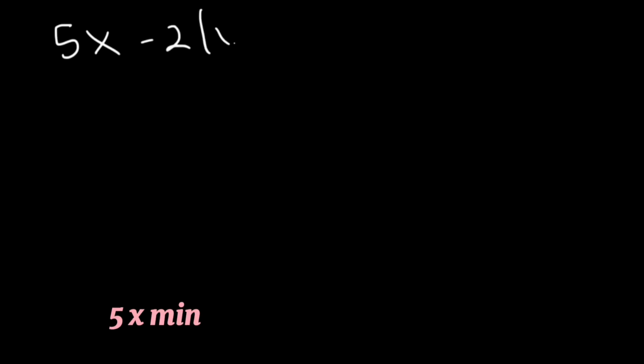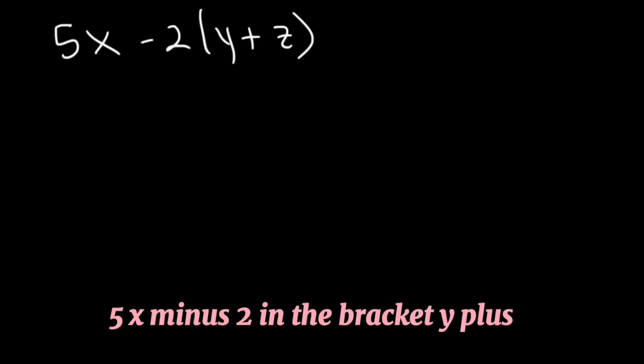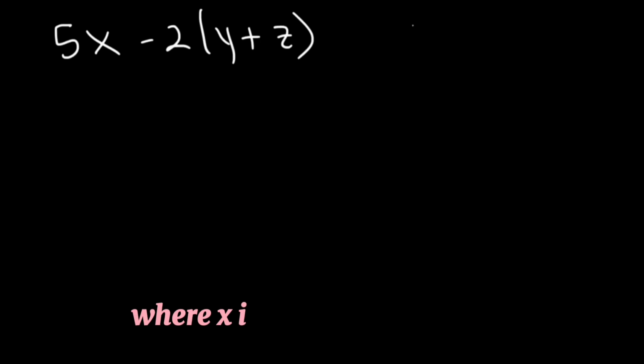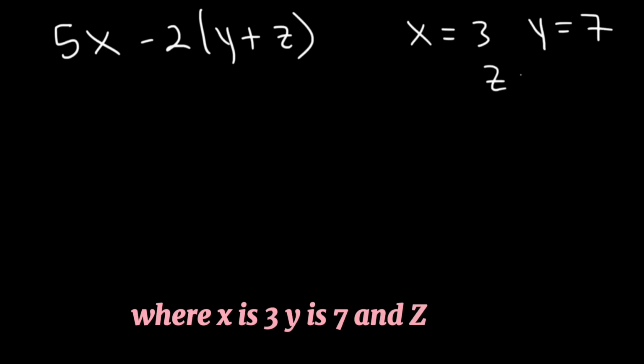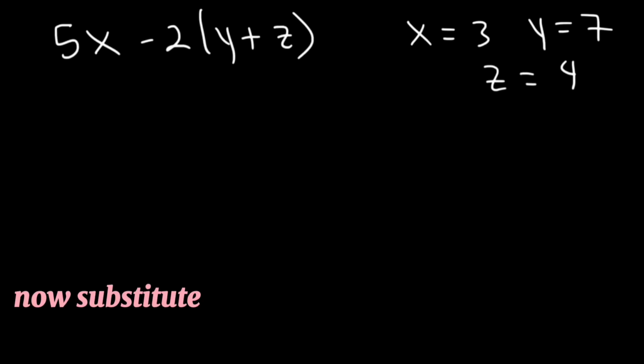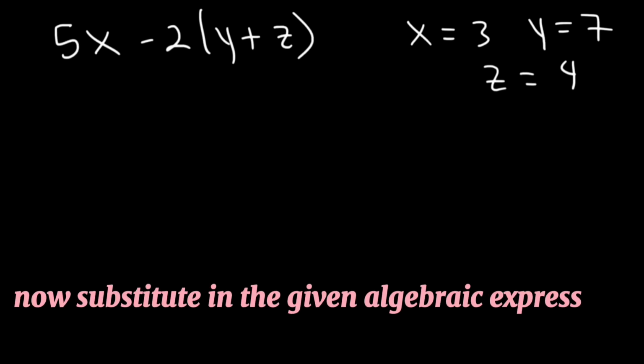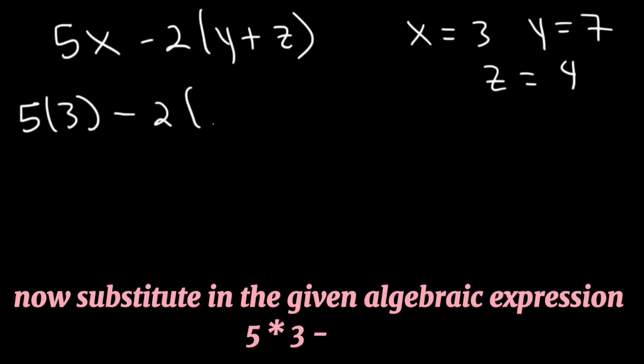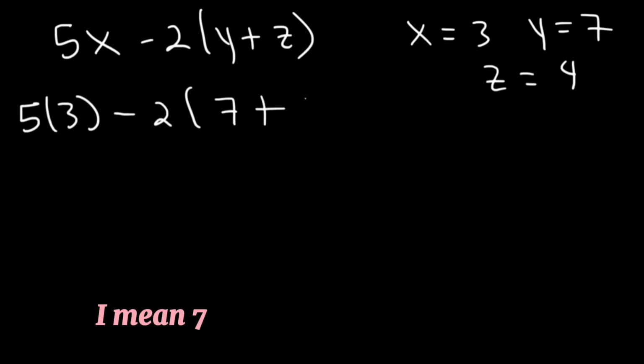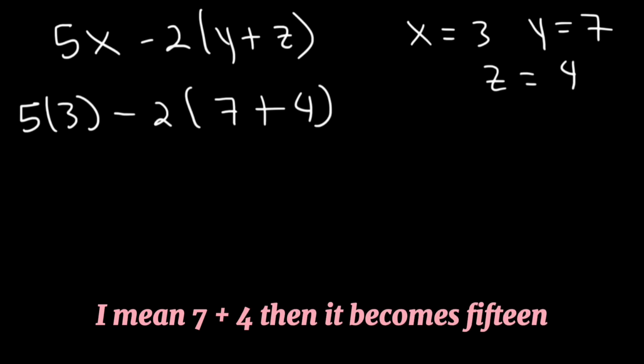Let's do another algebraic expression. 5x minus 2 in the bracket y plus z, where x is 3, y is 7, and z is 4. Now substitute in the given algebraic expression. 5 times 3 minus 2 times 4, 7 plus 4, then it becomes 15.